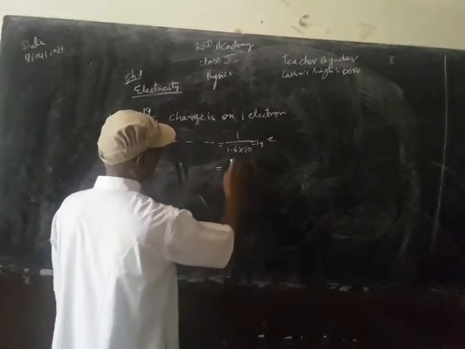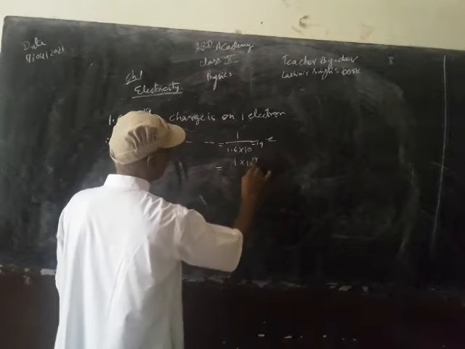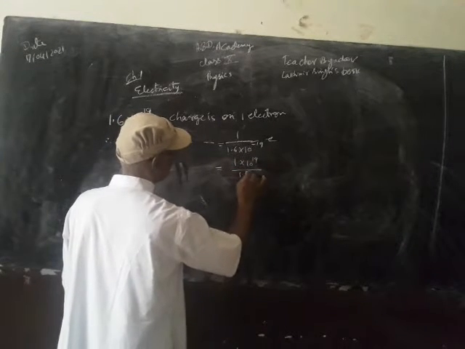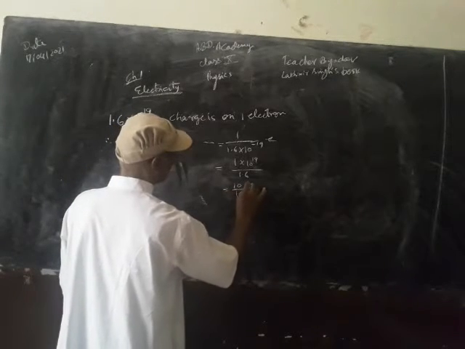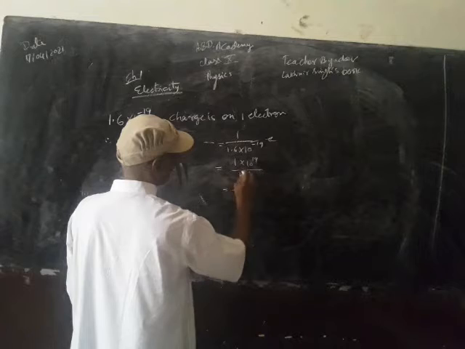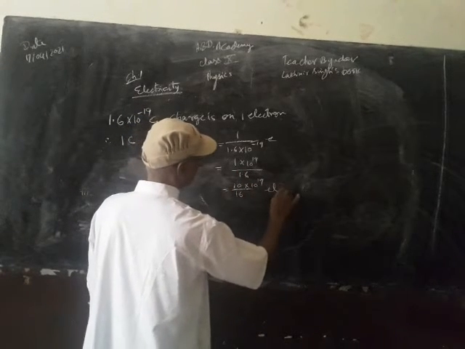Let us simplify it. 1 into 10 to the power 19 goes up, becomes power positive. 1.6 is here. So it is 10 upon 16 into 10 to the power 19 electrons.